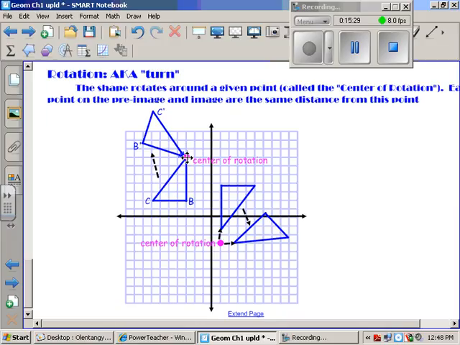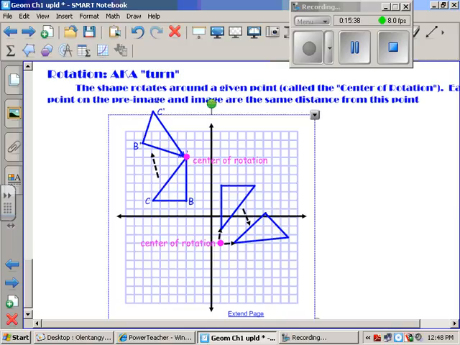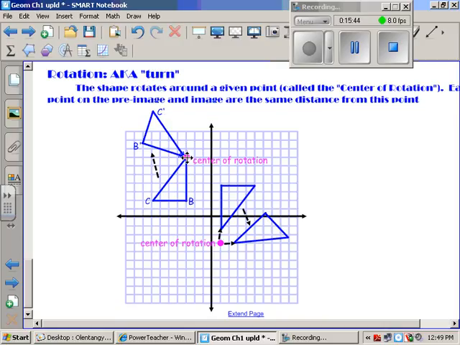Clockwise. How many degrees? Almost 90, right? It's going from here. If it was all the way down to there, it would be 90, but it's maybe like 85. So it's going clockwise about 85 degrees. Now this is the tricky part. The center of rotation is outside the shape.